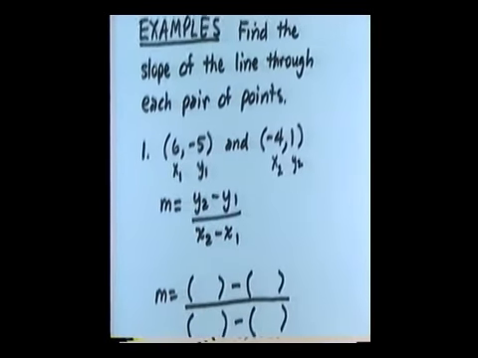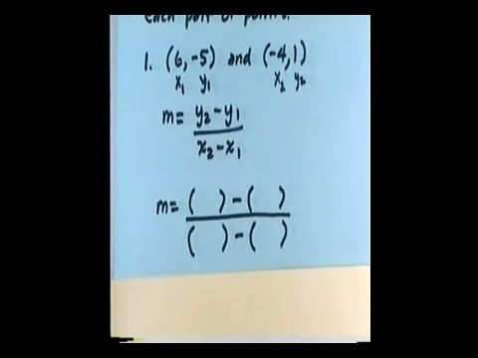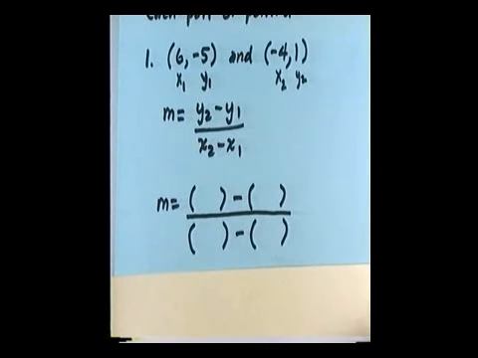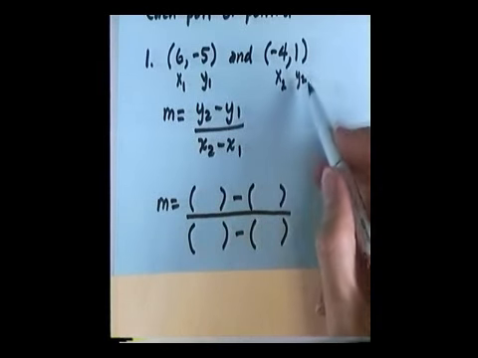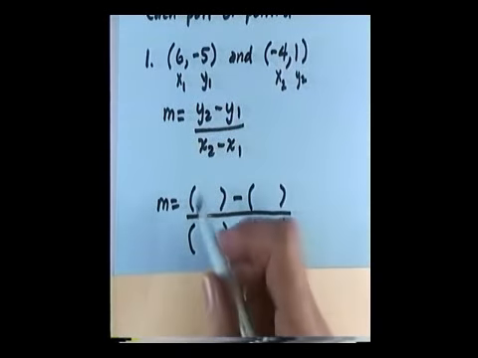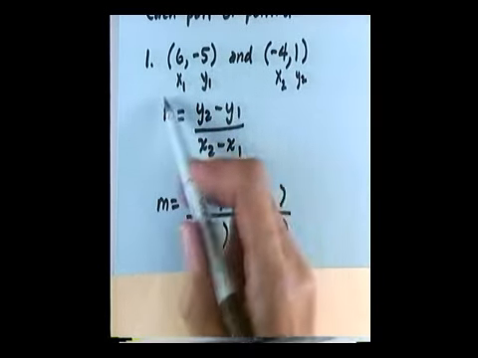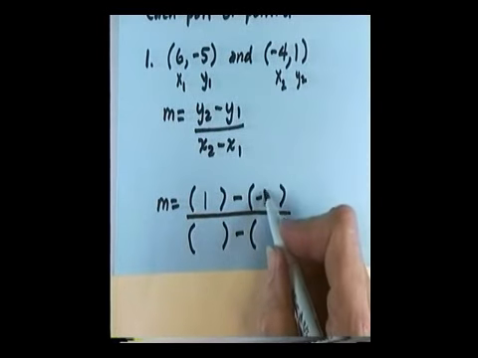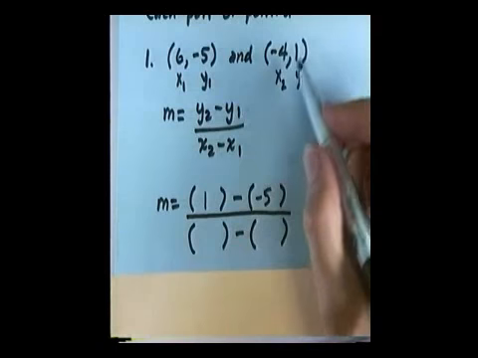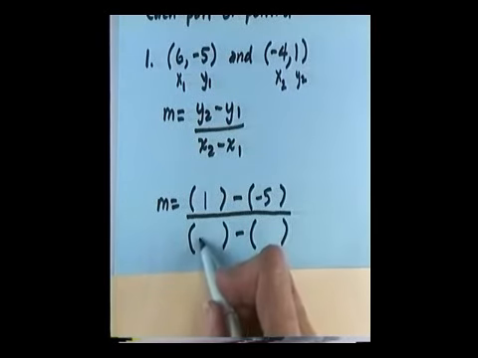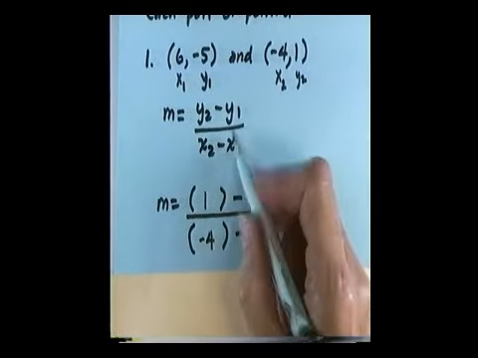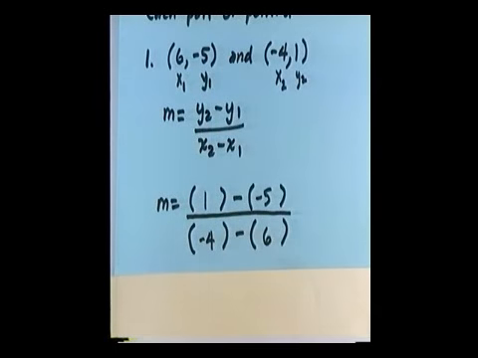So, as usual, we write our formula with a set of parentheses for each number that's to be filled in. y2 goes in the first set of parentheses, that's the number 1. y1 goes in the second set, y1 is -5. x2 from the second point, -4. And x1 is 6.